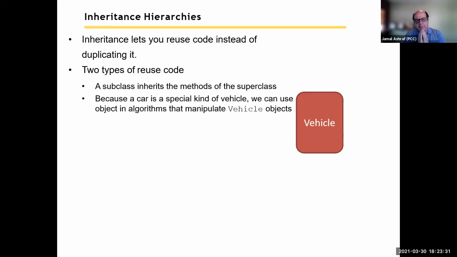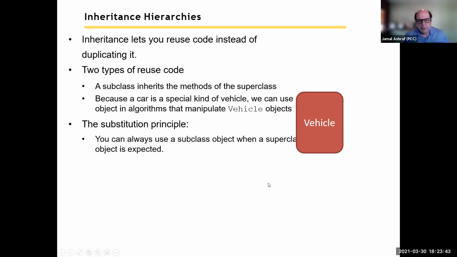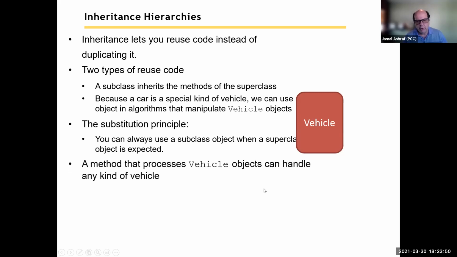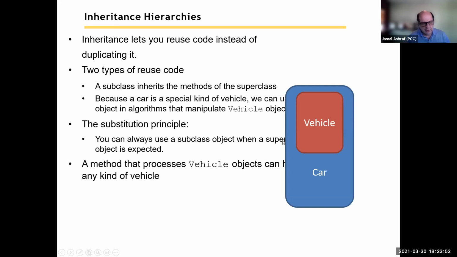It takes all the methods of the superclass, and it takes all the instance variables. We can use the subclass instead of the superclass. The reason we can do that is because my subclass contains the superclass.